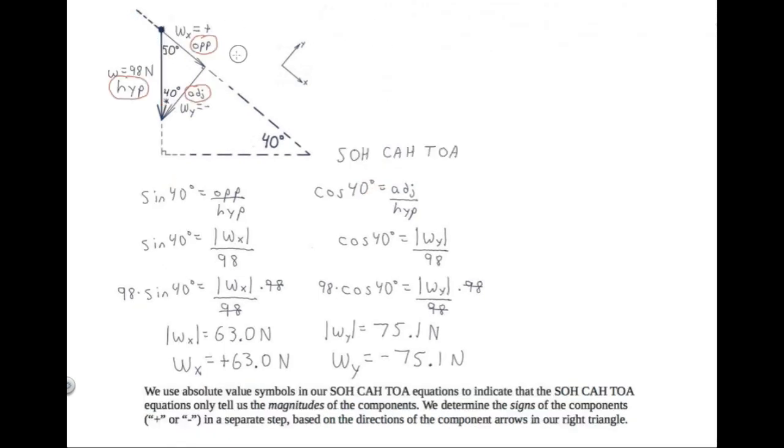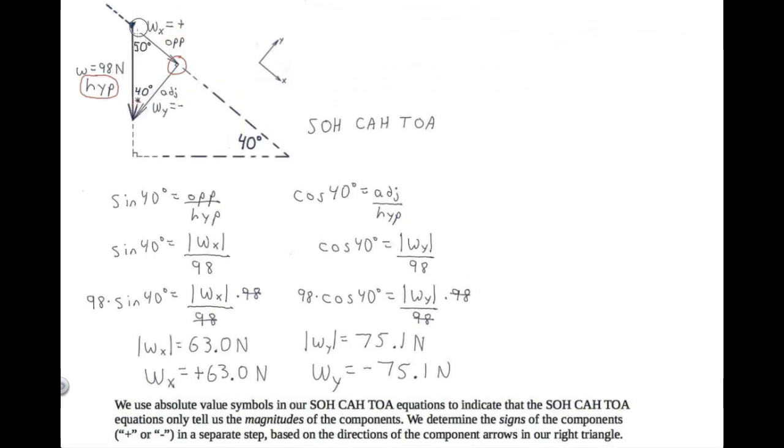Label the sides of the right triangle. This leg is labeled as adjacent because it is adjacent to the 40-degree angle that we've chosen to focus on. This leg is labeled as opposite because it's opposite to the 40-degree angle that we're focusing on. And this side is labeled as the hypotenuse because it's across from the 90-degree angle.